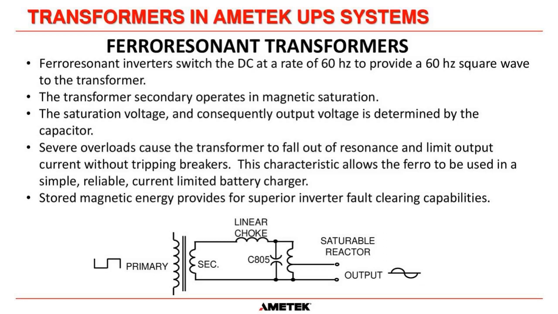The saturation voltage, and consequently the output voltage, is determined by the capacitor. Severe overloads on a ferro cause it to fall out of resonance, and it then limits the output current and doesn't trip breakers. A ferro will run into a dead short, and for dramatic purposes, I demonstrate this when I do a training class.